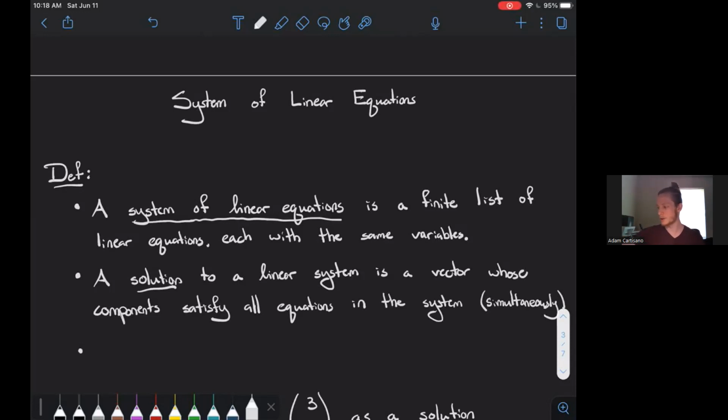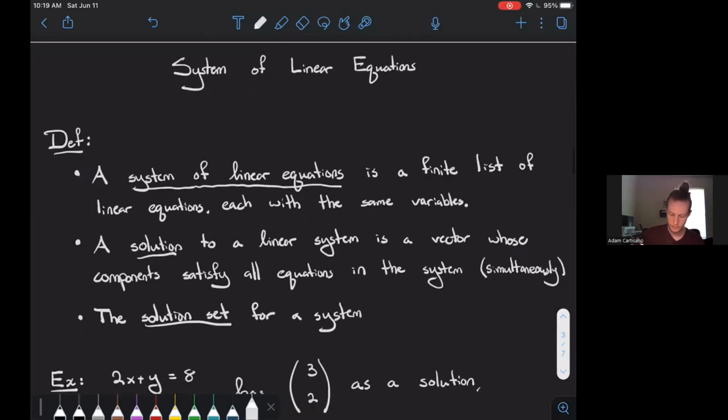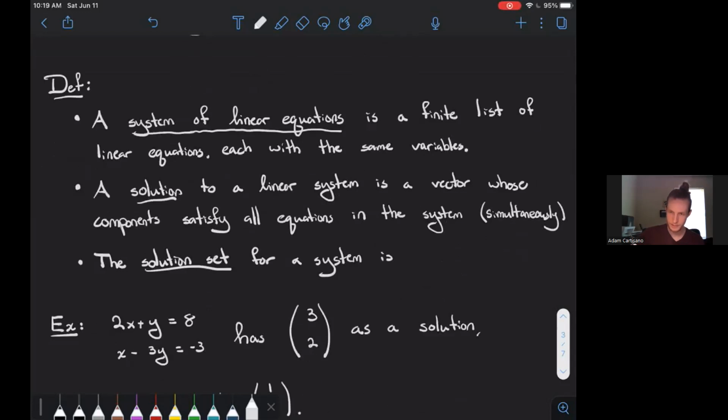This next definition is not very enlightening, but the solution set for a system is the set of vectors that is a set of solutions. Why is this even a definition?